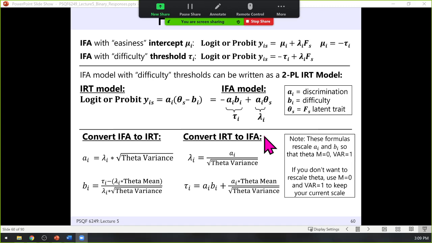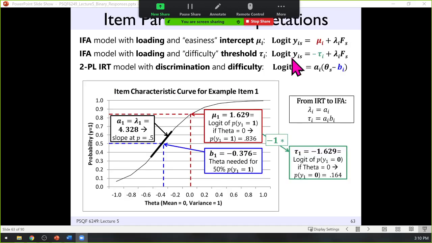So here's an item characteristic curve from one of the items in the example that we're going to show. And so as a reminder, here's how these things all relate to each other. I can talk about the predicted logit of the probability of a 1 in terms of intercepts and loadings. I can talk about that same predicted logit in terms of thresholds and loadings, or I can talk about it in terms of discriminations and difficulties.